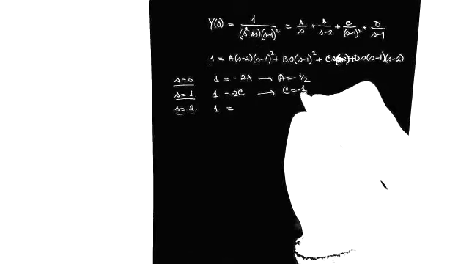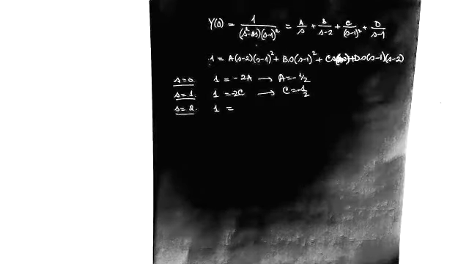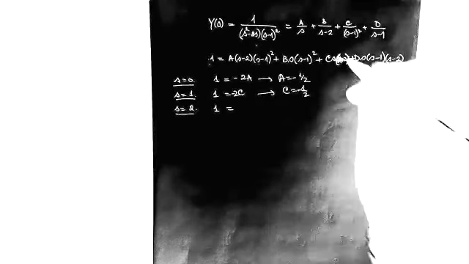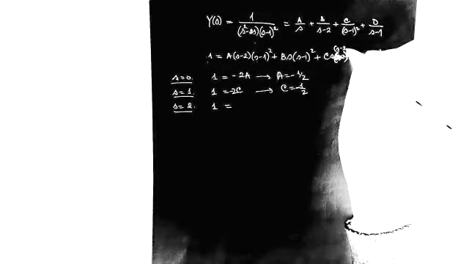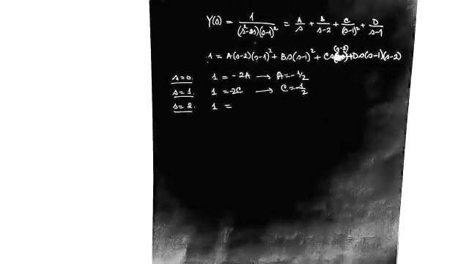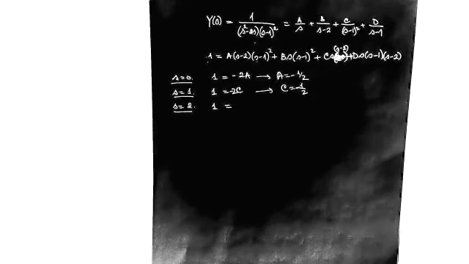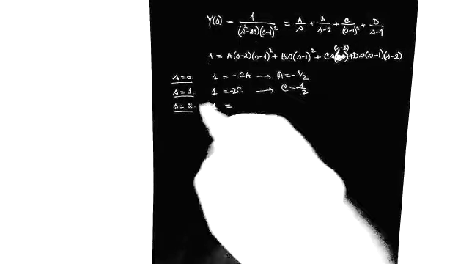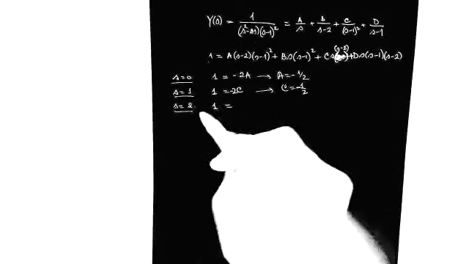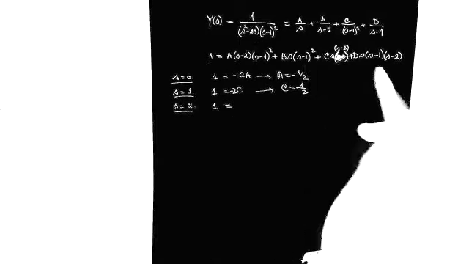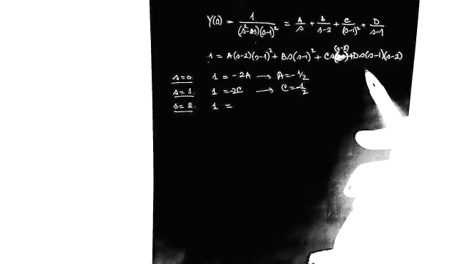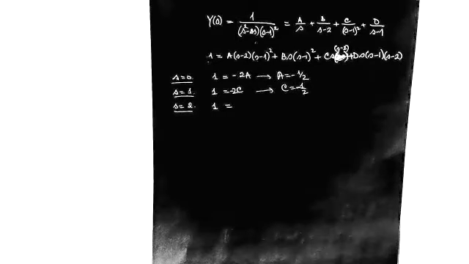So C is minus 1/2. Now s equal 2, you can see it right away when I wanted to plug in this, I see there is a mistake because I have more than one term that is not turning to 0. So right away you see there is a mistake, and you go back and fix that.